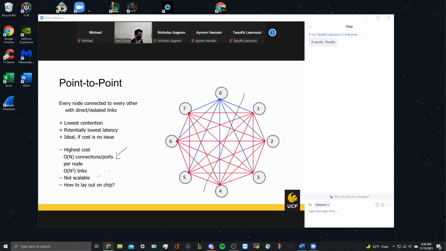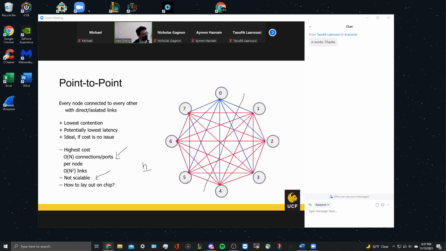And definitely it's not a scalable way to do that because we face a huge cost to implement such a network design. Basically, if you have n nodes, this would require n connections at each node, and we have n square links. It's really hard to do. If you have 1,000 computers, each computer should have 1,000 ports.